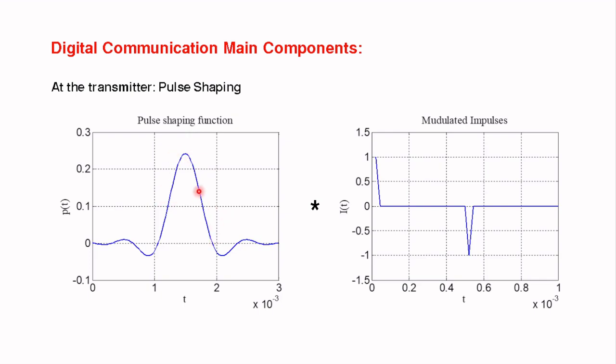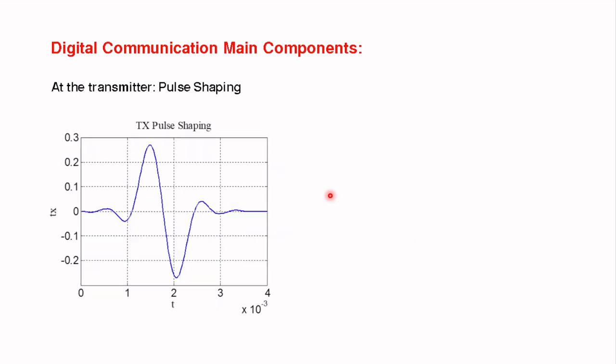The pulse shaping operation is done basically using the convolution between the impulses and our pulse shape signal. The convolution is one of the most important operations in signal processing, and you should always remember it. So after that, we will get the pulse-shaped signal like that. We notice that we have two peaks corresponding to our two symbols.